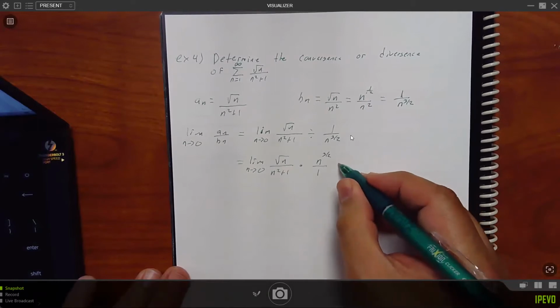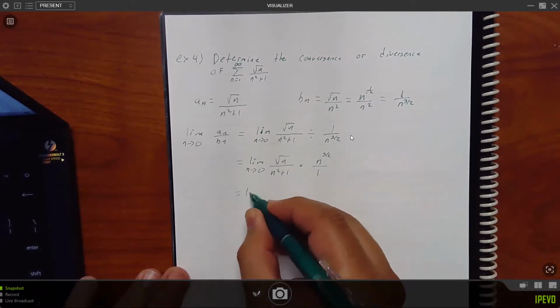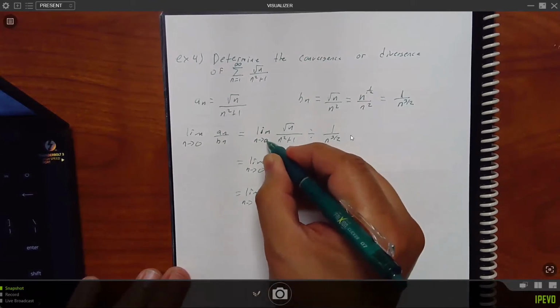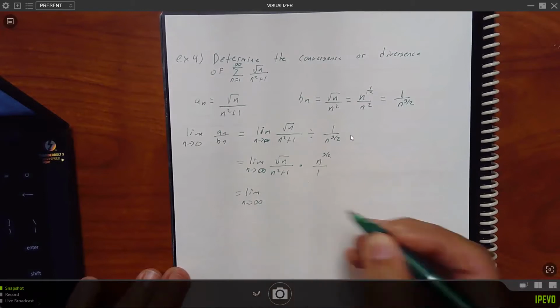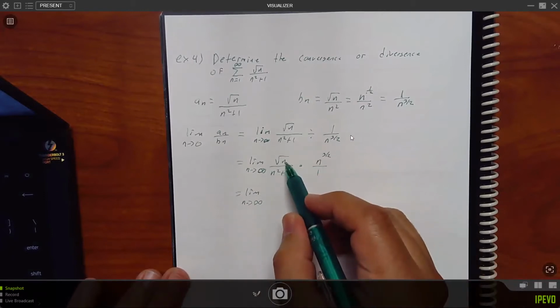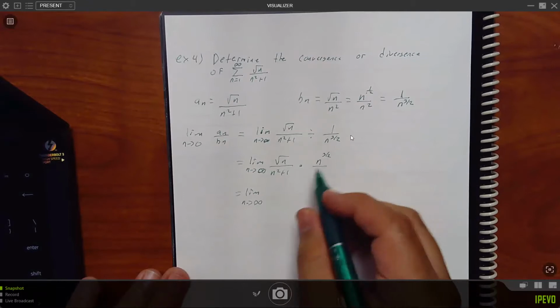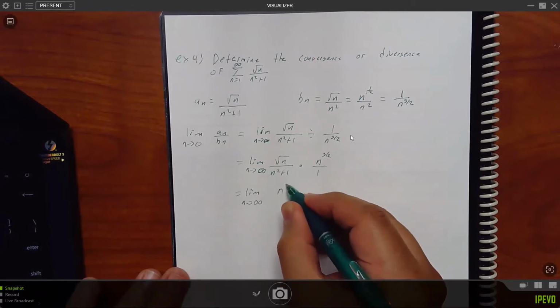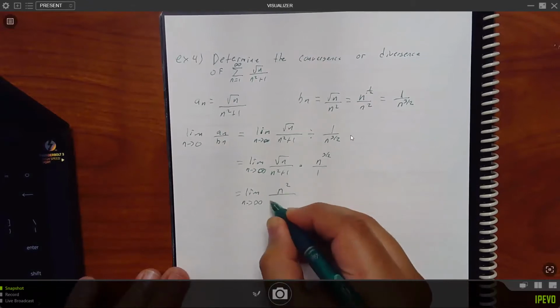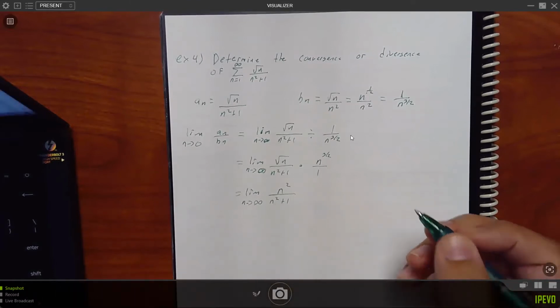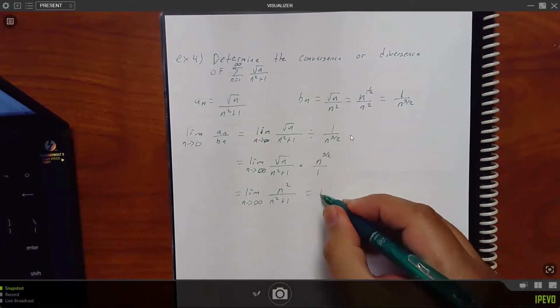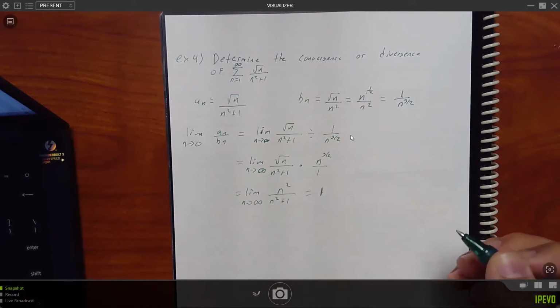So that will become the limit as n approaches infinity. n to the 1/2 times n to the 3/2 would be n squared, right? And that limit will be 1. And 1 is positive and finite.